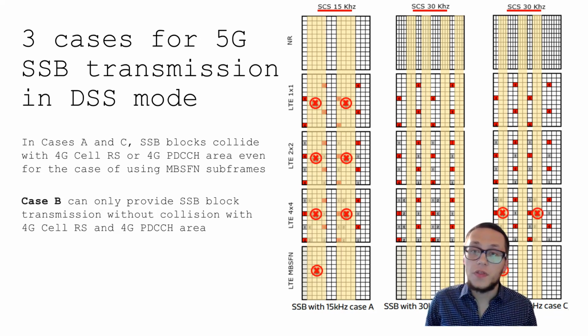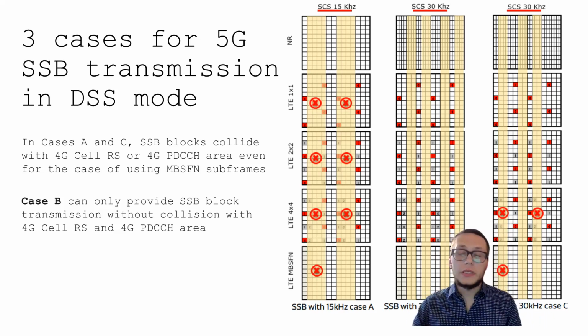With 30 kHz it is possible, but in some cases, if we start transmission from symbol number 2, like in the right example, we can see that in case of MIMO 4x4 it may collide, and it actually may collide if we try to transmit the 5G SSB block within an LTE MBSFN subframe.